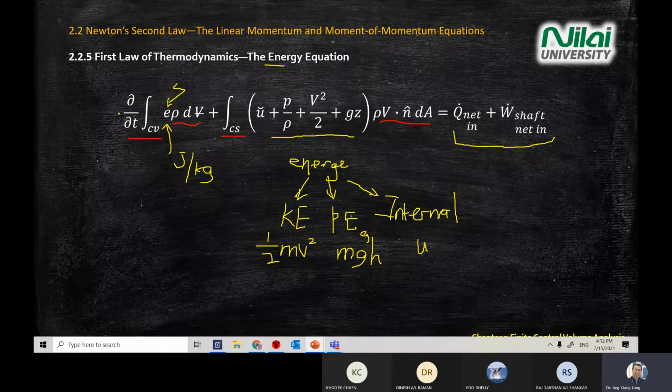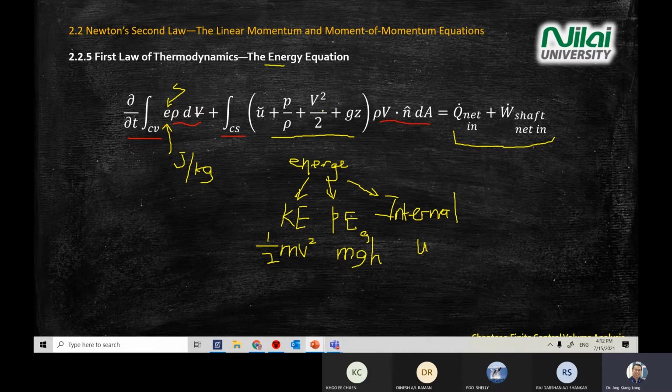All right. Now for the first part of this lecture, we're going to look at this equation, just to recognize the structure of the equation. Basically, you're looking at energy. In the control volume dimension, you look at E, which is the energy per unit mass.